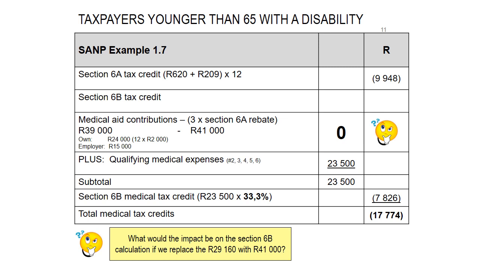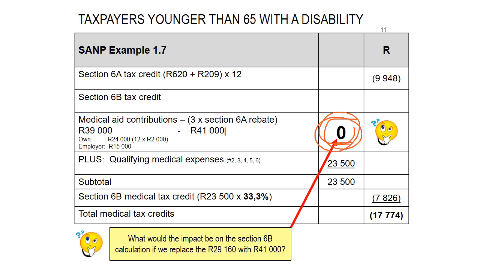Now, just for completeness sake, I want to show you what happens if your subtotal 1 ends up in a negative. So for purposes of this example 1.7, assume that our 3 times Section 6A rebate calculation works out to 41,000. Okay, then 39,000 minus 41,000 is of course negative 2,000, but you can't be in a negative over here, which means we take it to 0.